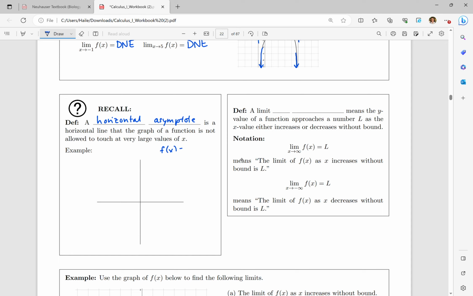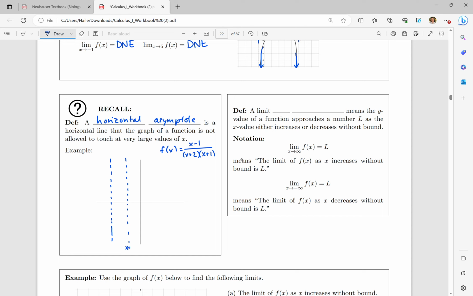So we have f of x is equal to x minus 1 over x plus 2 times x plus 1. So our two vertical asymptotes are going to be at -2 and -1 because those are the two numbers that make the denominator 0. So those are my two asymptotes there.